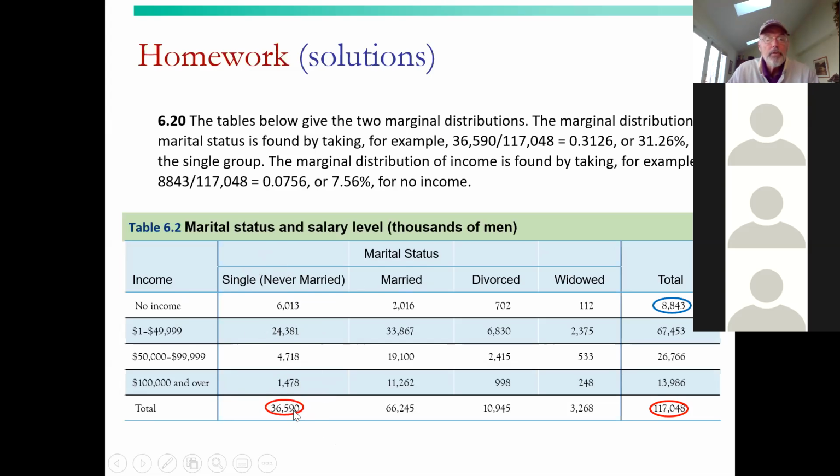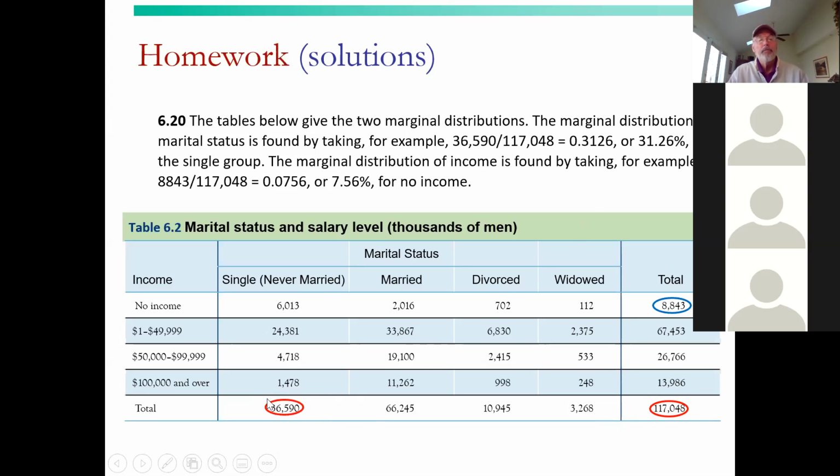And so if we wanted to know the percent of the single people over all, then we would divide it by the total. And that would be a value of 31.26 for this percentage right here. Okay?